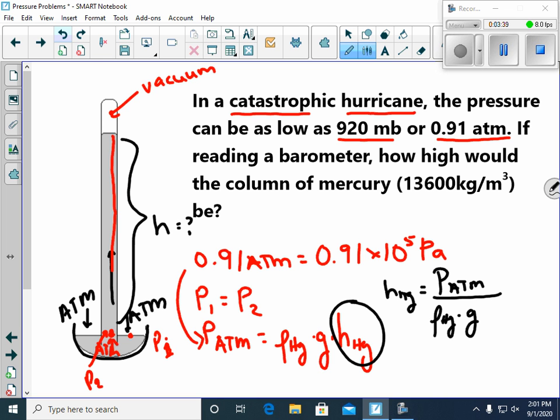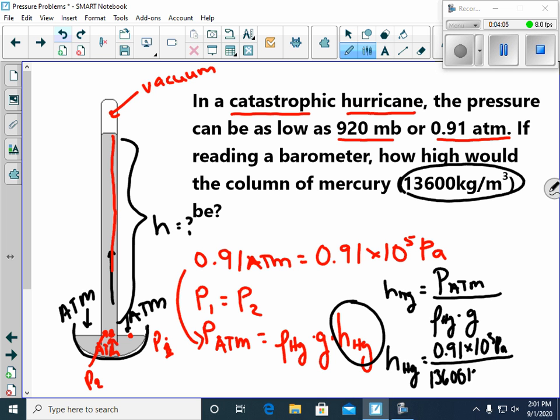Now don't forget, P atmosphere is usually 1 times 10 to the 5th, or 1 atmosphere, but in this specific problem, it is 0.91 times 10 to the 5th Pascal over the rho of mercury, which is given in the problem, multiplied by 9.8 meters per second squared.